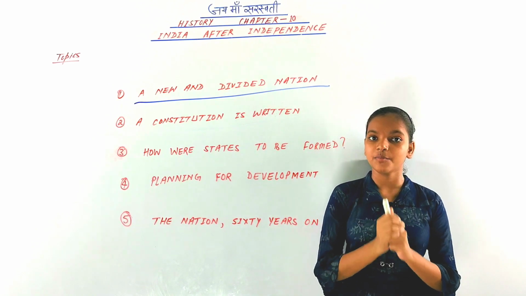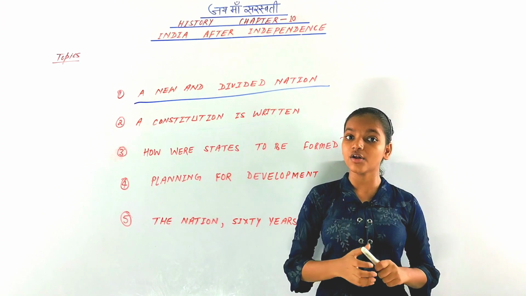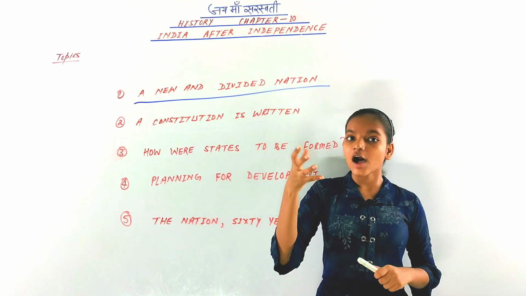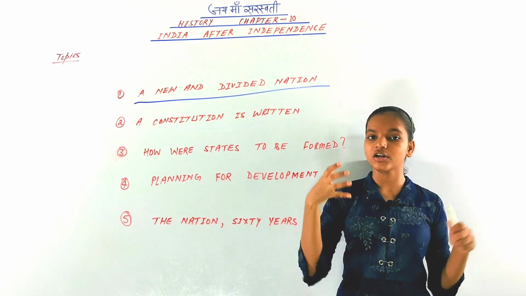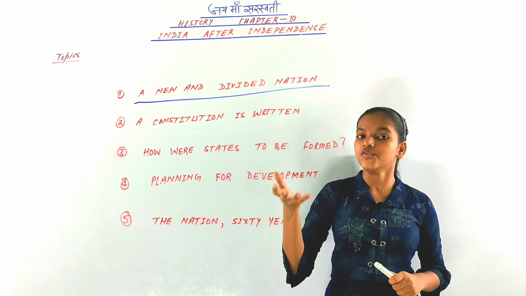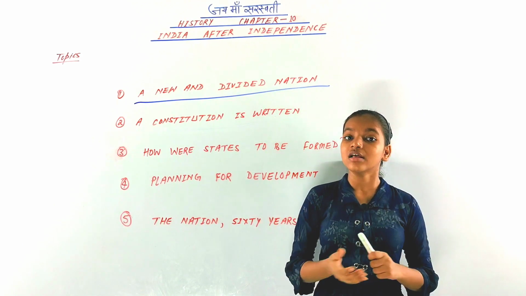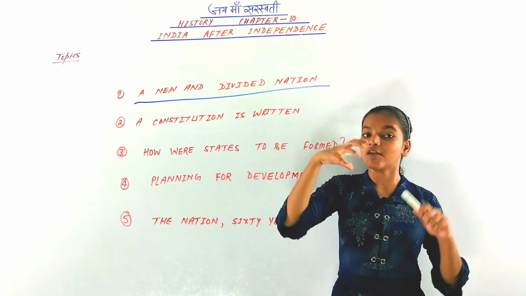After independence, the government of India faced many problems, not just one. After independence, the population of India was around 345 million, from different regions, different castes, different genders, and different religions. So there was much diversity in India. People were diverse.